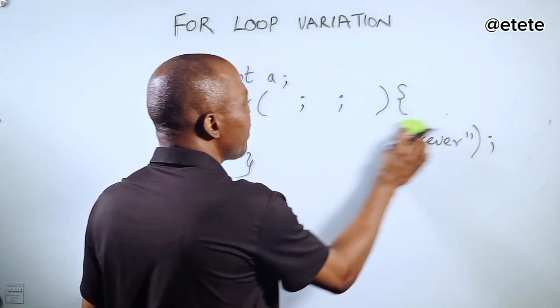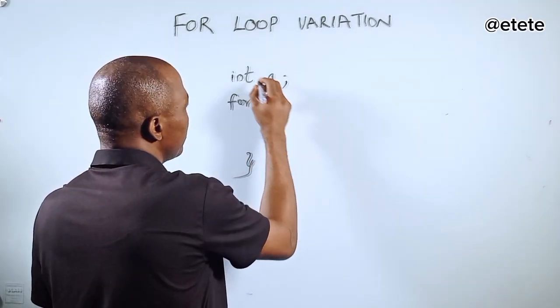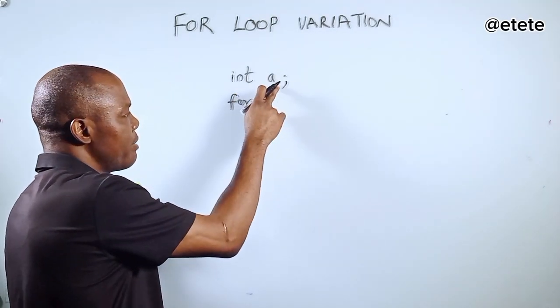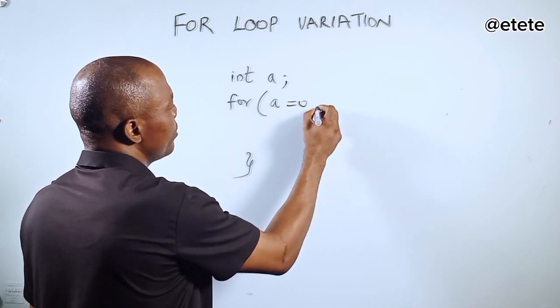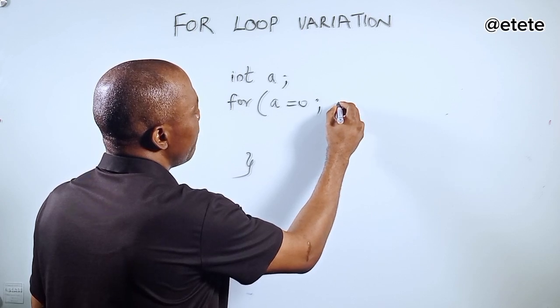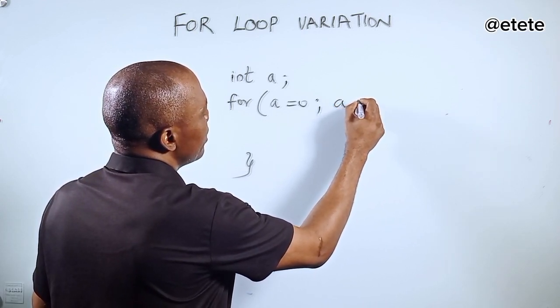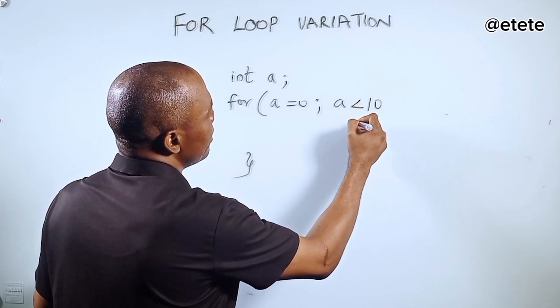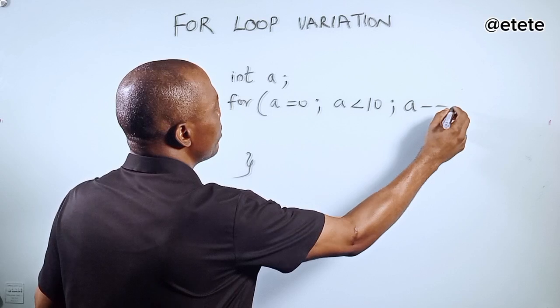Now, what if I have something like this? I create a variable a. Then I say a assign 0. Then I do something like this: a less than 10, right? Then I do this: a minus minus.